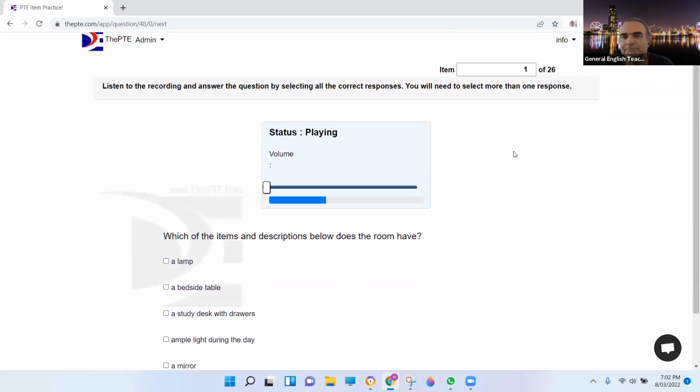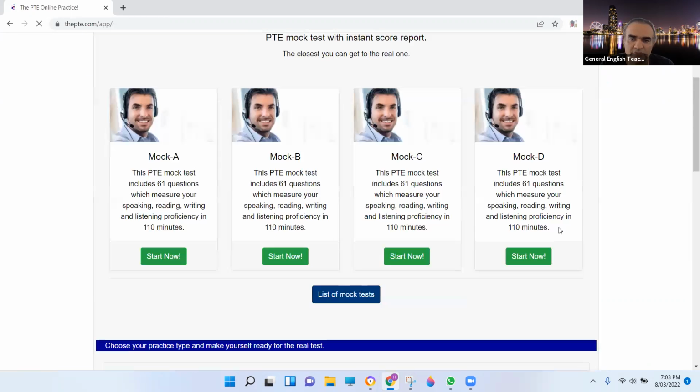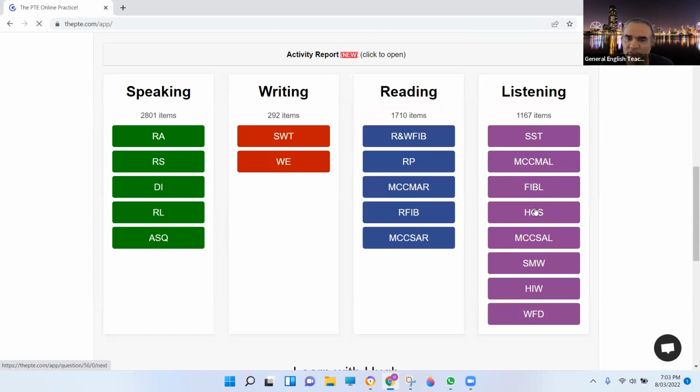So the actual listening starts with multiple choice, choose multiple answers, and then fill in the blanks, highlight, but the most important part of the test is write from dictation. And as you know, it is at the end. So imagine if you spend time on multiple choice, choose multiple answers. Some students spend 1 to 2, sometimes 3-4 minutes on one of these questions.